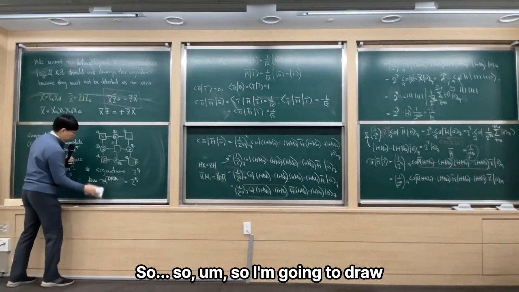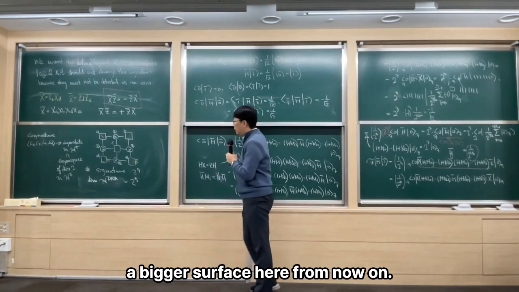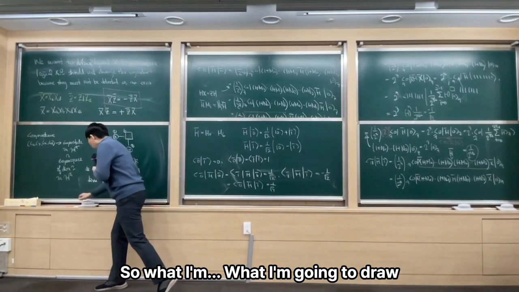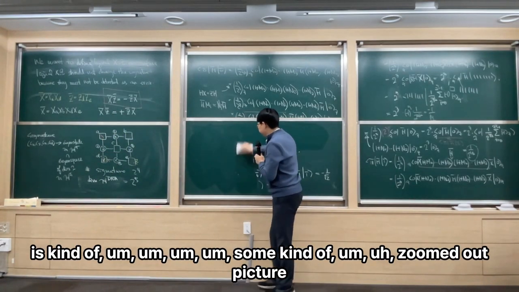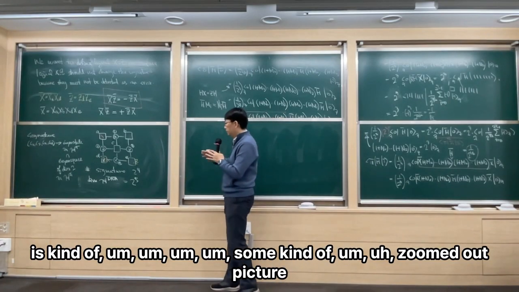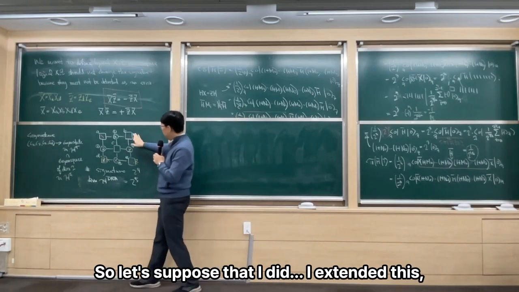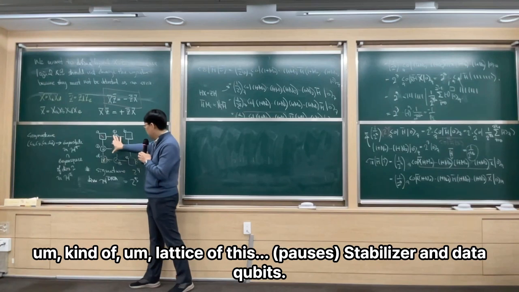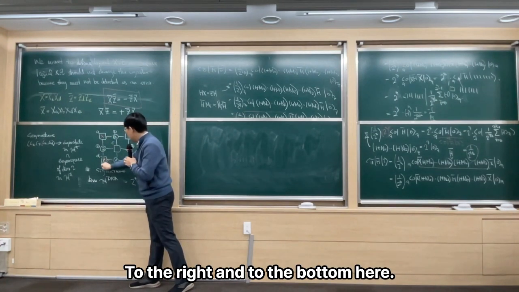I'm going to draw a bigger surface here from now on. What did I erase? I don't have to erase this. So what I'm going to draw is some kind of zoomed out picture of the surface code. So let's suppose that I extended this lattice of stabilizer and data qubits to the right and to the bottom here.